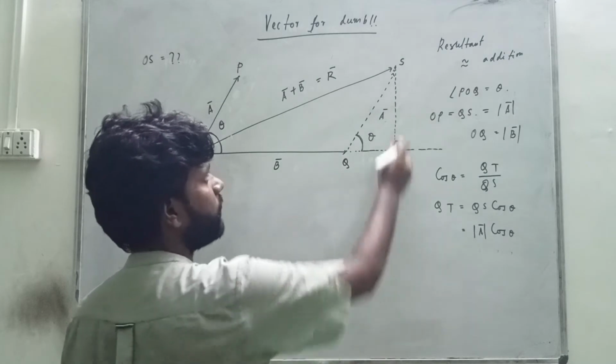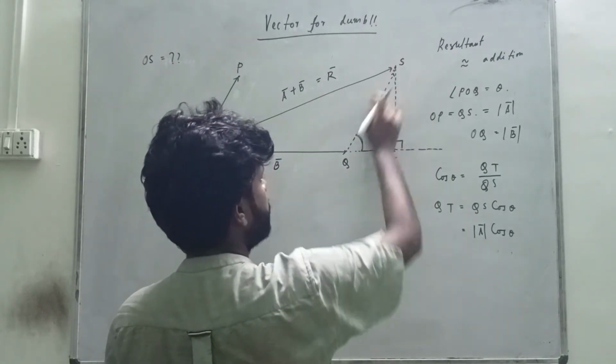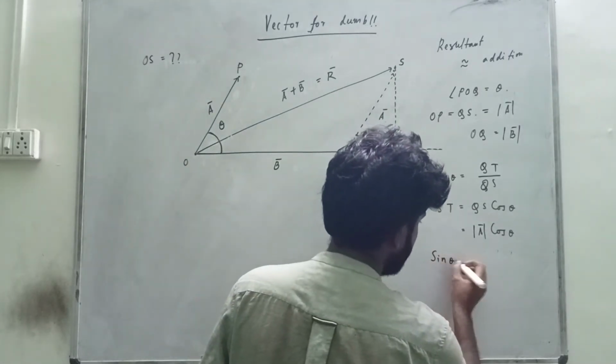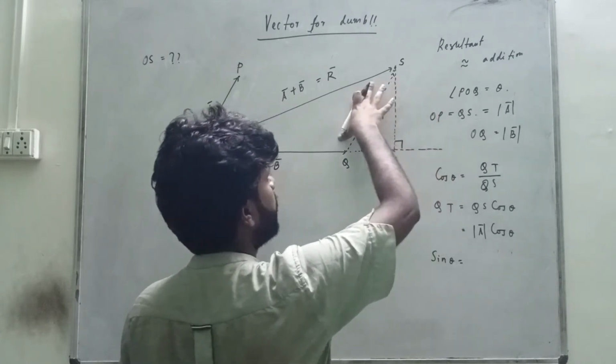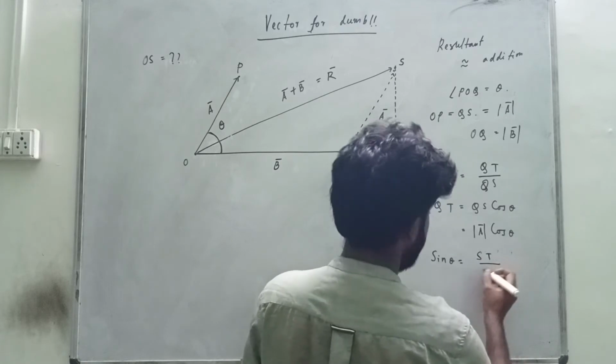And what will be the ST? Just take the sine of this angle for this right angle triangle SQT. So sine theta means perpendicular by hypotenuse, that means ST by QS.